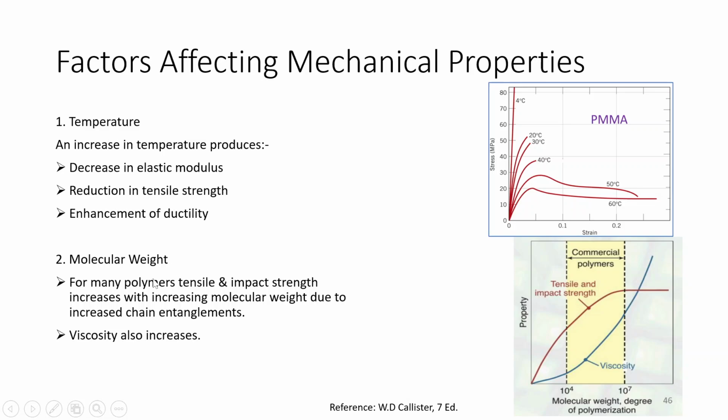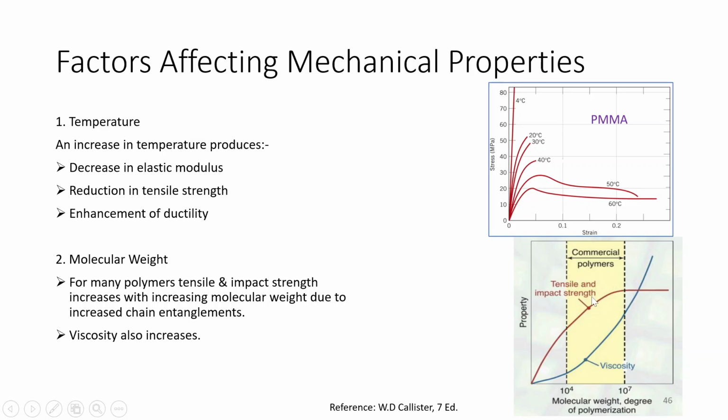Here you can see the molecular weight or degree of polymerization is increasing in this way, and the mechanical properties such as tensile and impact strength are increasing proportionally, and viscosity is also increasing this way.